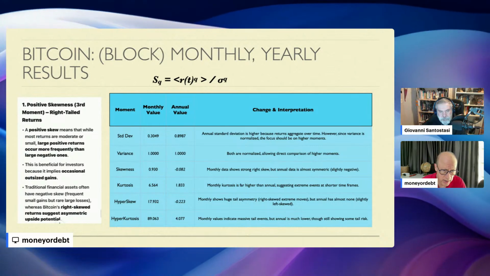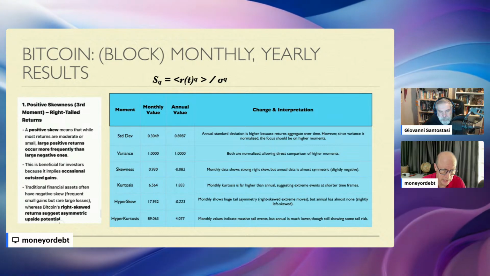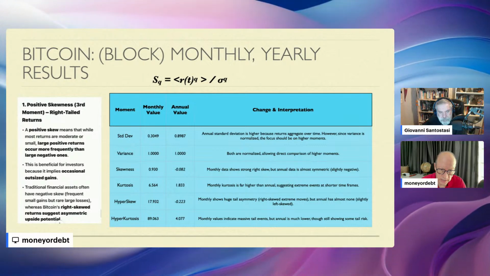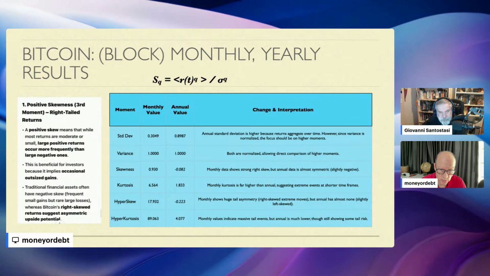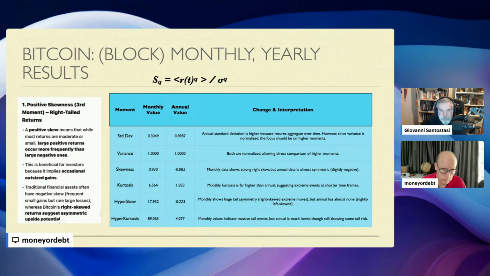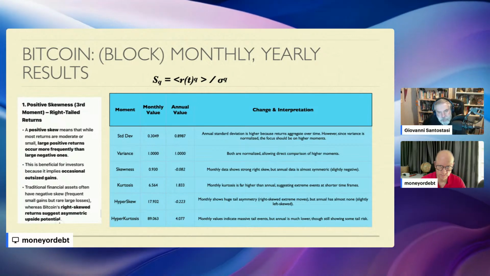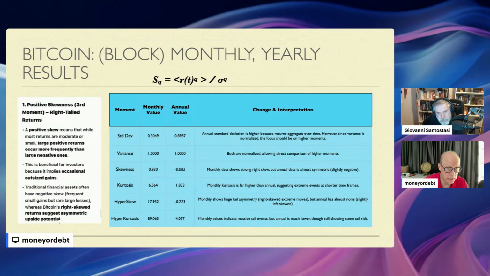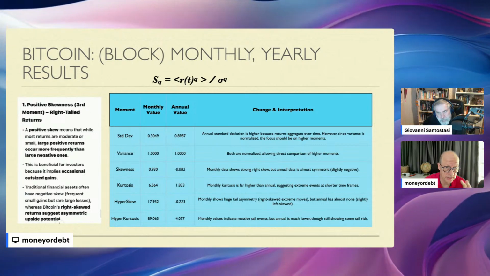And similarly for hyperskew, where you're showing huge tail asymmetry with right skewed extreme moves, and again, a high number for hyperkurtosis for the 6th moment with the monthly value, but much lower with the annual value. Now, it's important to note that only the 3rd and 5th moments can be negative, because you're raising this thing to a power.